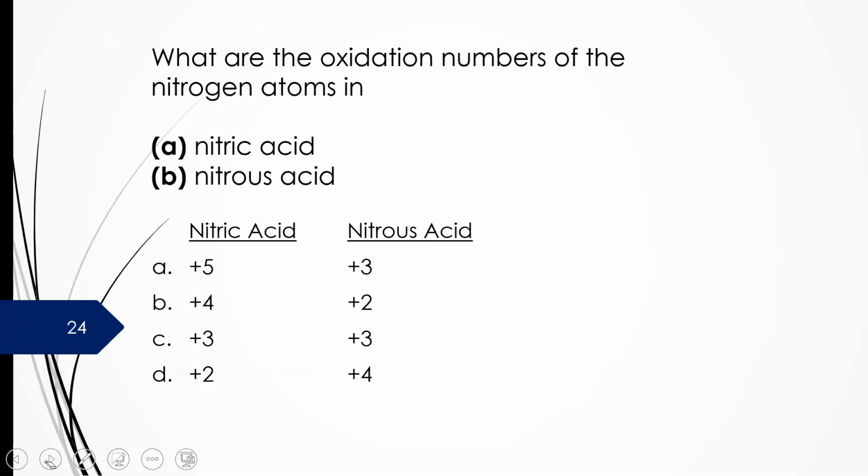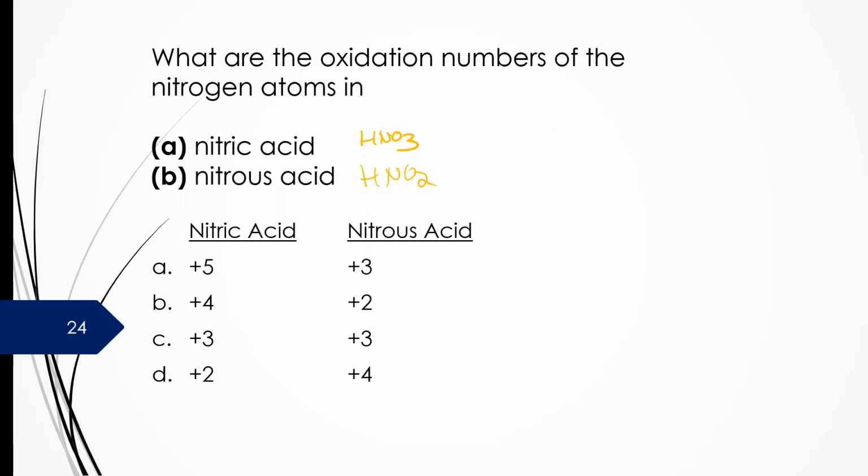Let's look at the oxidation numbers for our different nitrogen atoms. We have nitric acid and nitrous acid, and we want to write out those compound formulas first. Nitric acid is HNO3, and nitrous acid is HNO2.